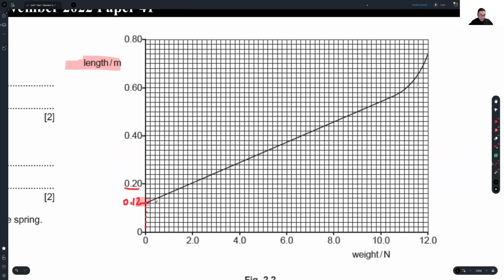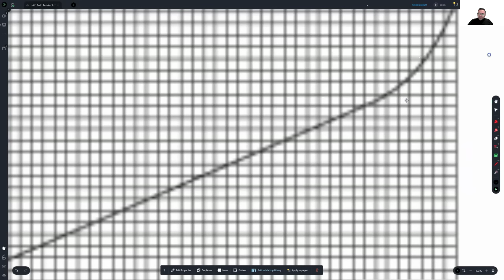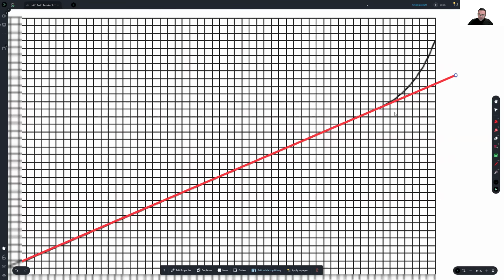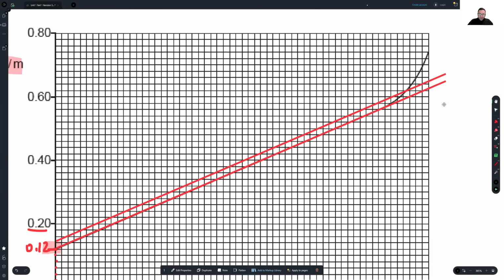What I would do is get my ruler and overlap it over the line, so my eyes have an easier time seeing when it starts curving away. Roughly here, like here or here. So I'll use those as my points.